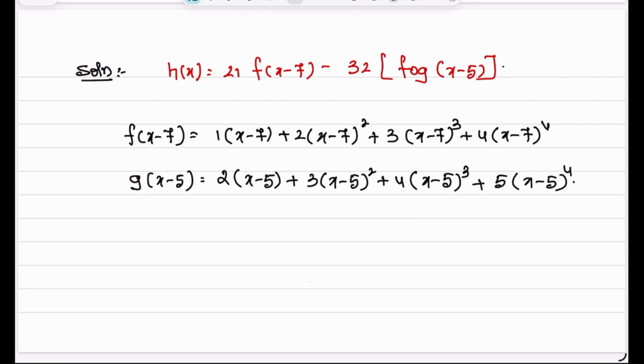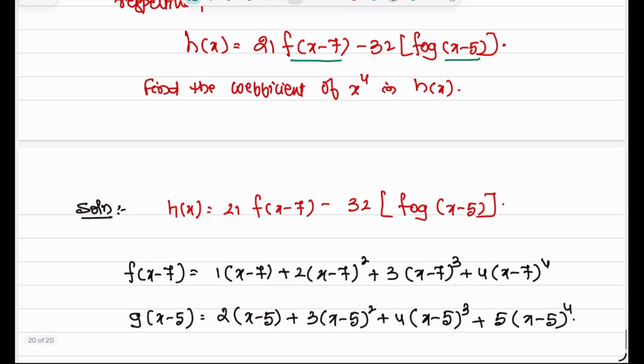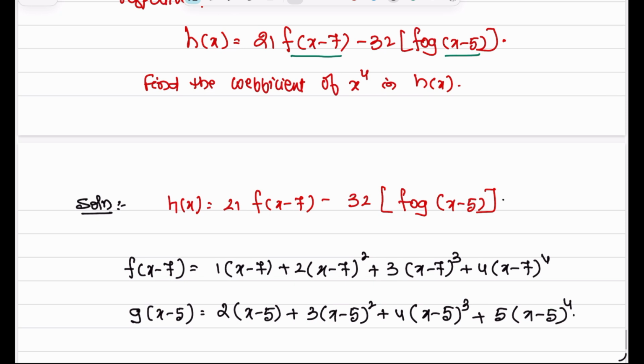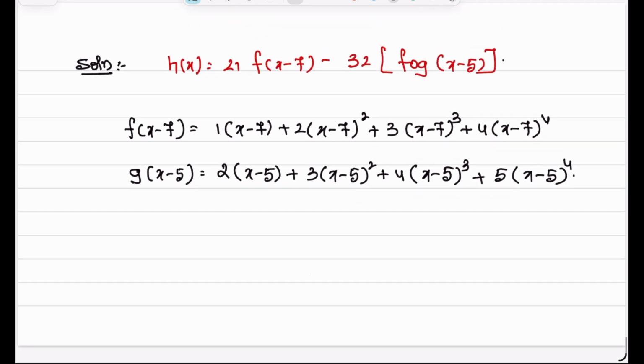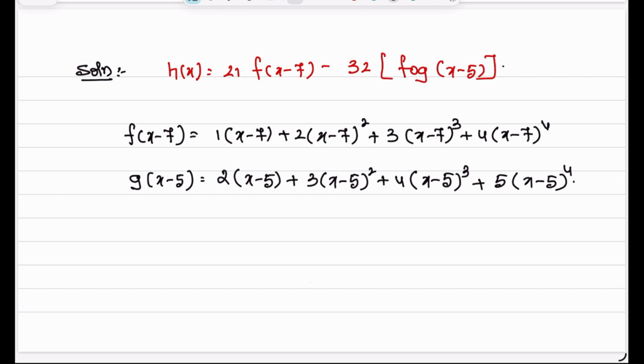This is what we get when you substitute the values of A, B, C, D, P, Q, R, S. Now, let us find the coefficient of x⁴. The x⁴ is there in this term only.